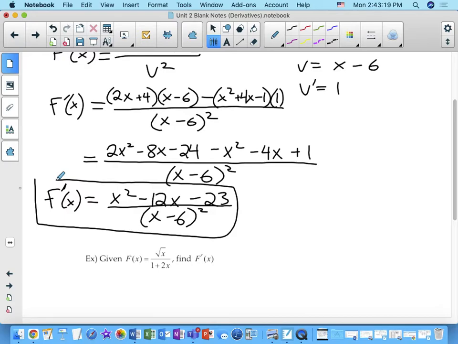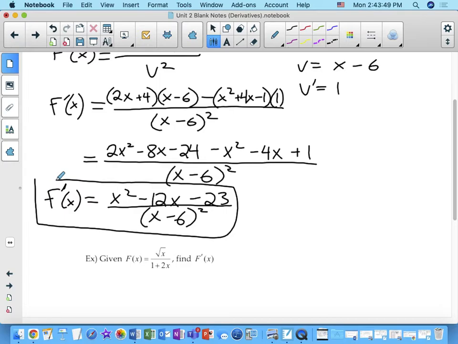If you have a factor of x minus 6 in the denominator, doesn't it tell you where it's differentiable? Exactly. x can't equal 6, right? It's not differentiable at x equals 6, because if you put a 6 in for x, then the derivative is going to be an undefined value, which means that this function is not differentiable when x equals 6.